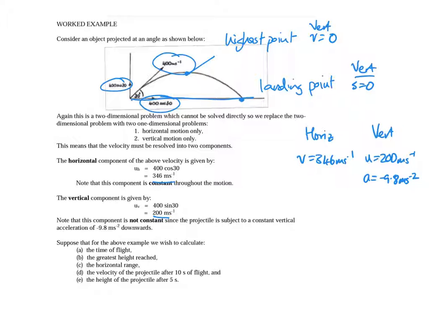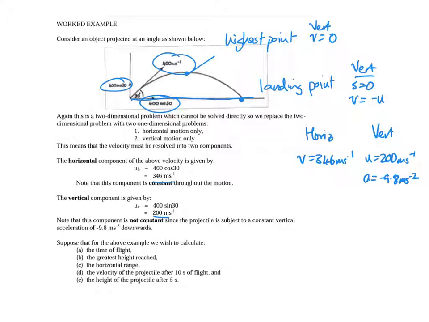We could fill in that the value of the vertical velocity at that point would be the negative of u. So in this case, because it launches at 200 vertical component, when it comes back down to the same height again, it will be doing 200 in the opposite direction, i.e. minus 200 meters per second in this example.